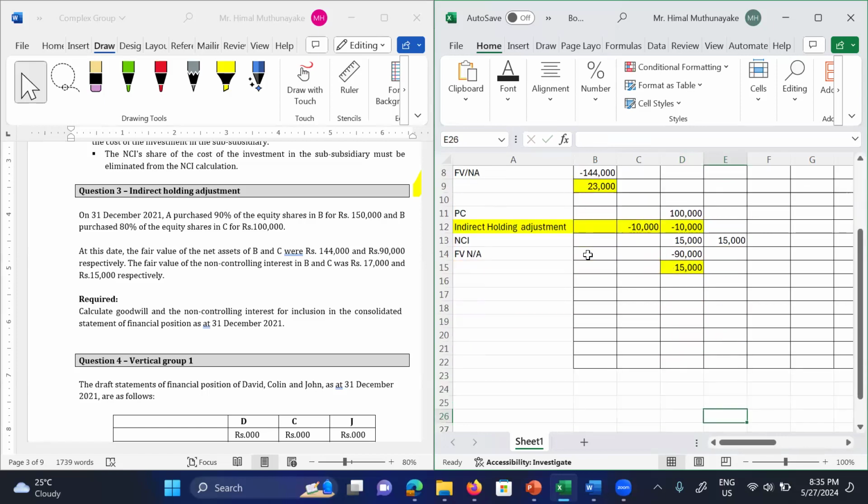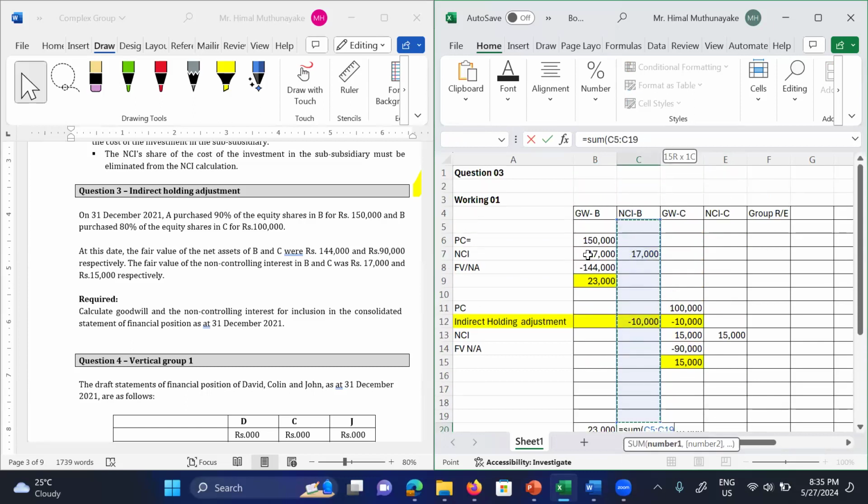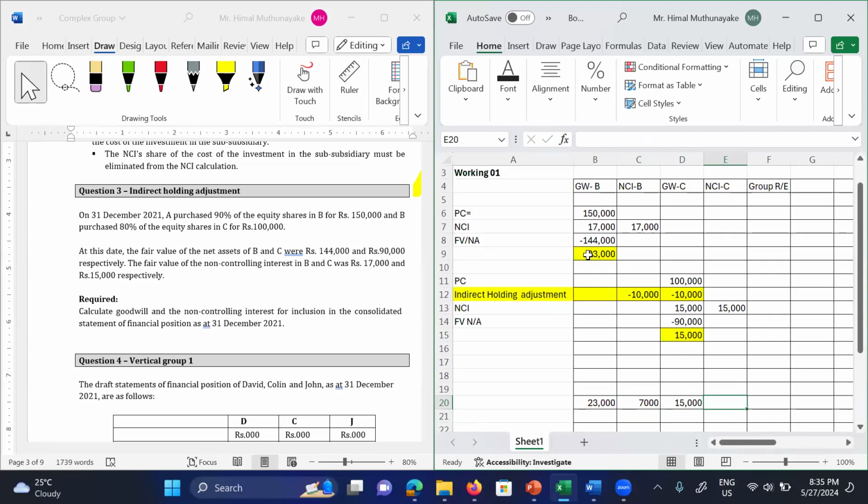So now when you sum up the things, your goodwill balance would be 23,000 and 15,000, and when it comes to the NCI balances, 7,000 and 15,000.